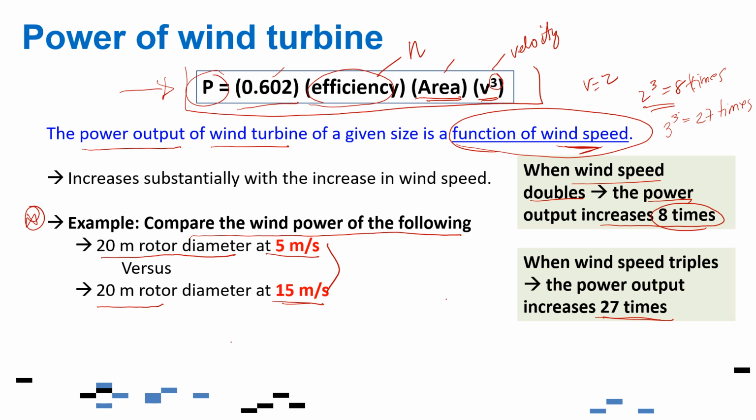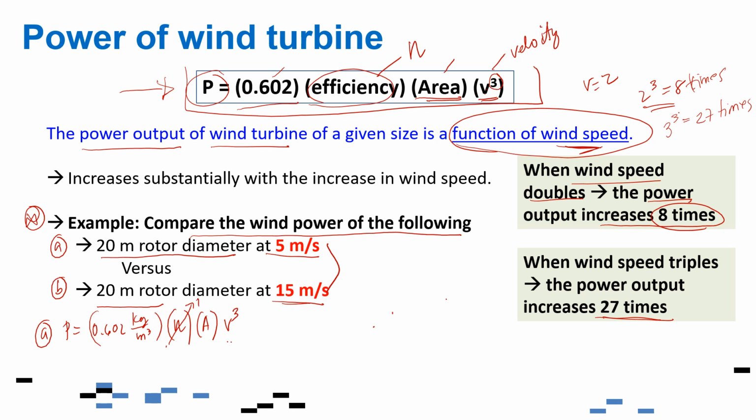The first one, let's say this is letter A, and this is letter B. For letter A, power is equal to 0.602 kilogram per cubic meter times efficiency times the area times velocity cubed. So what is efficiency? Because efficiency is not given, let's say it's 100% efficient for this specific example.